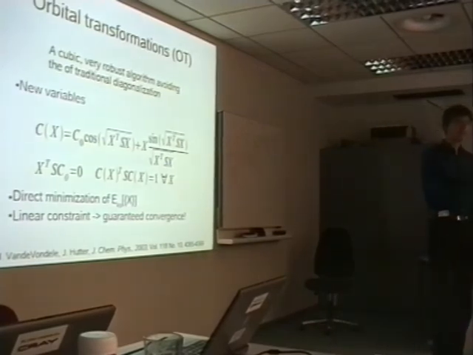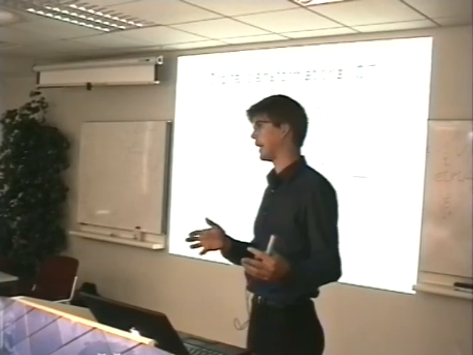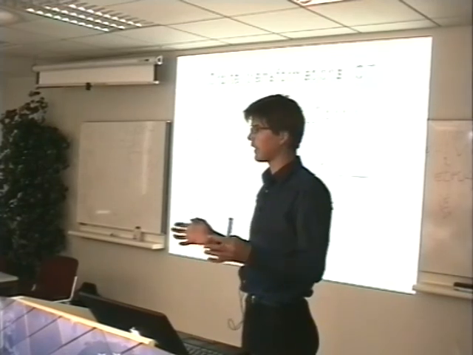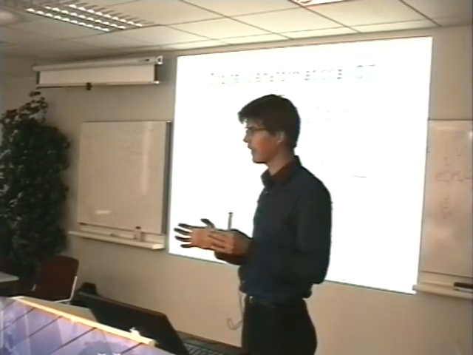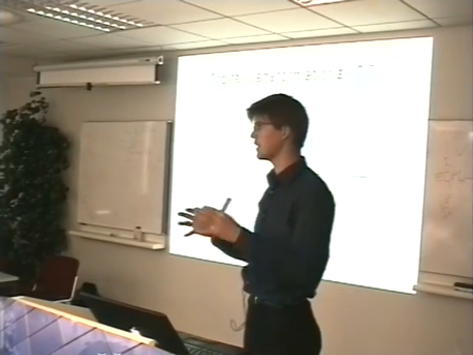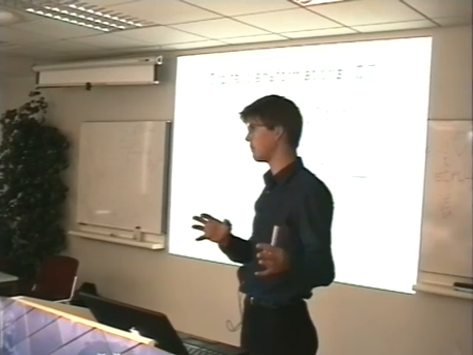So standard DFT, local DFT, is known to work very well for a lot of stuff, like structures of molecules and so on, they look rather well. But as soon as you look at particular things, for example reaction barriers or the localization of electrons or spins, then local DFT becomes not so good.